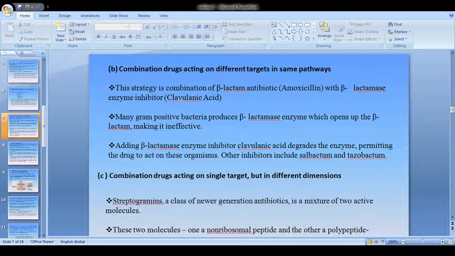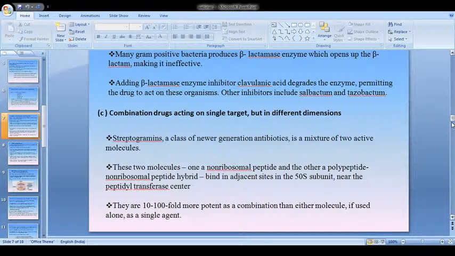And the next is combination drugs acting on a single target but in different dimensions. For example, streptogramin, a class of newer generation antibiotics.